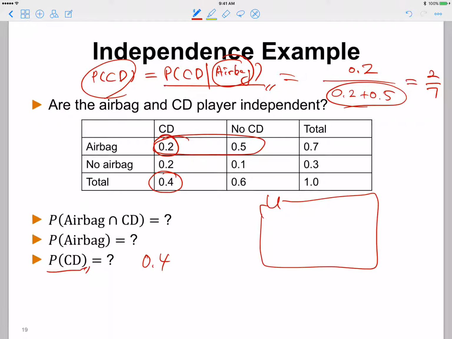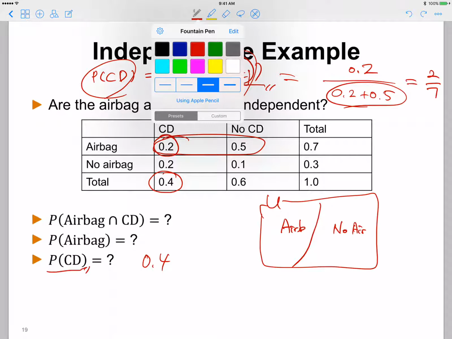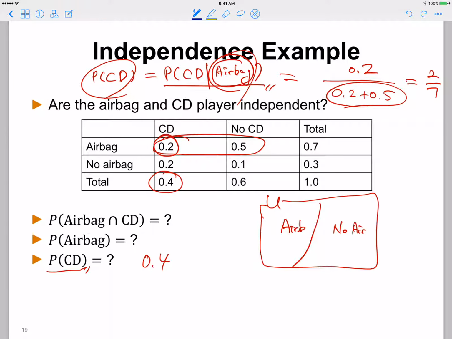So the sample space is our universe, and P of airbag is like this, airbag, and the rest of them is no airbag, right? And then we consider the CD player, let me use a different color, the event of having a CD player as this.